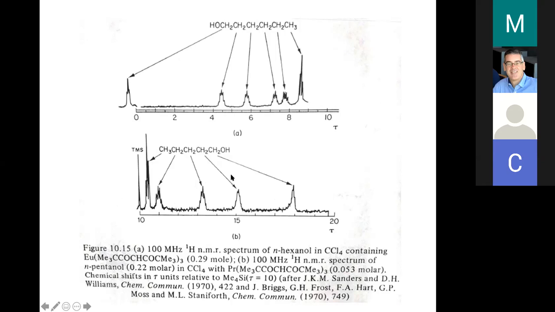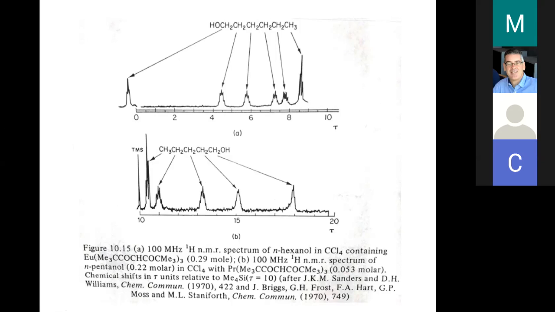But you'll note that the direction that these are spreading out is even flipped here. And so there are rules about how these peaks will spread out depending on the electronic structure of the lanthanide. And we won't go into those, but they're not too difficult to follow.